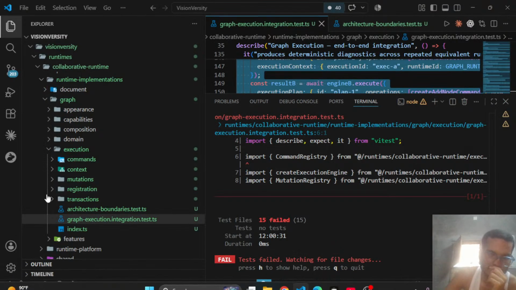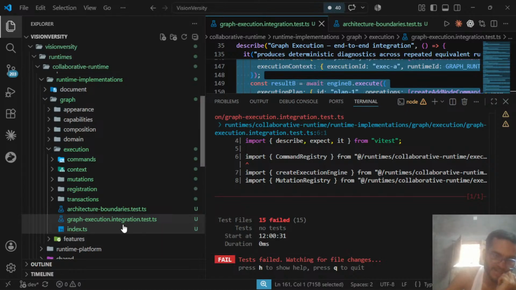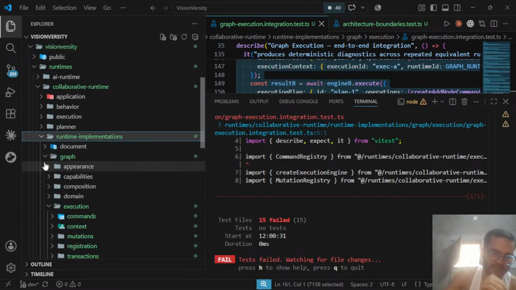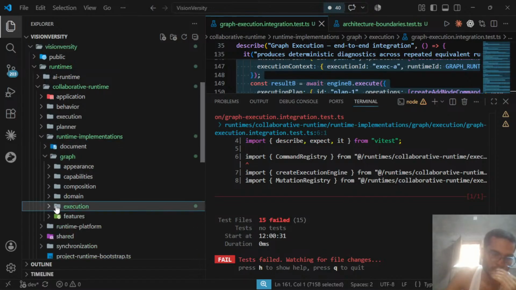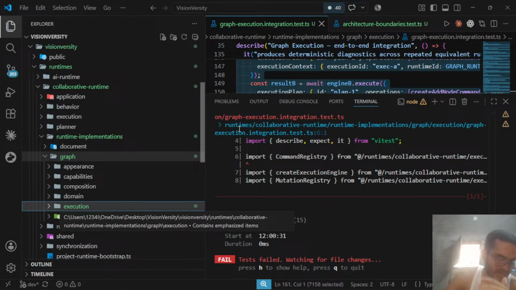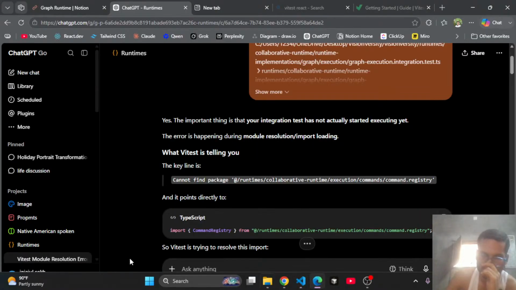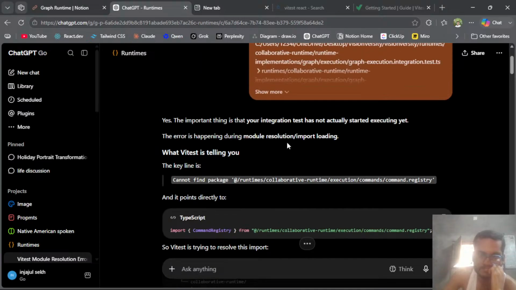So the graph execution integration test, with this responsibility, I have the entire execution. Now who depends on this execution? They are not aligned, which means I have some issue between contracts. So the key line is I cannot find package.